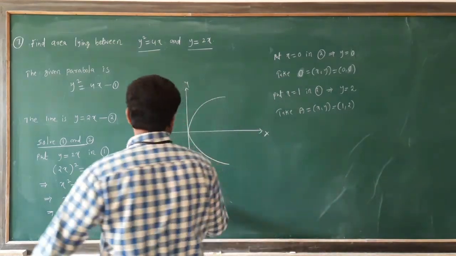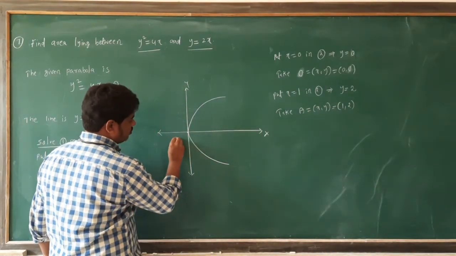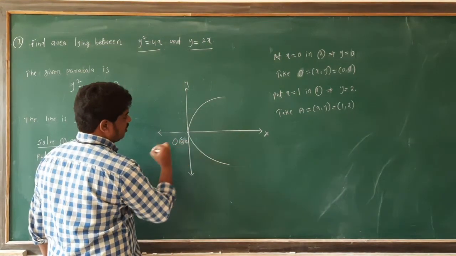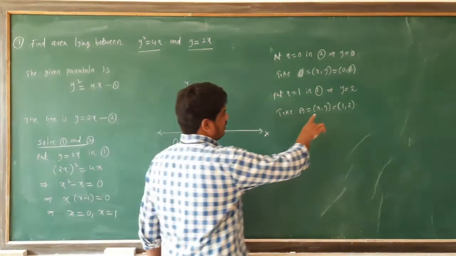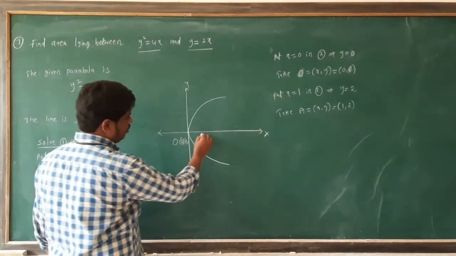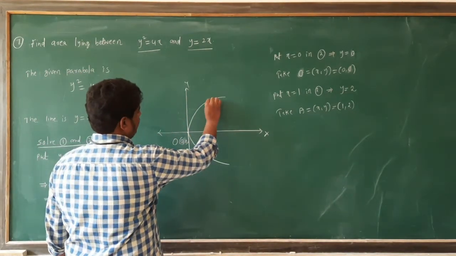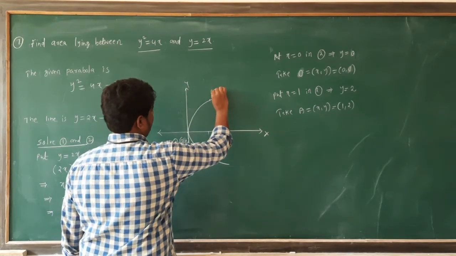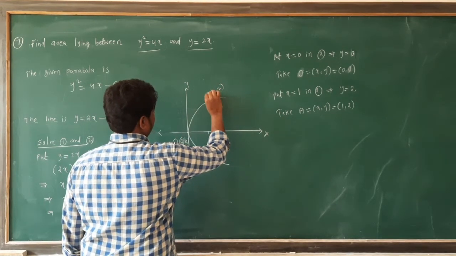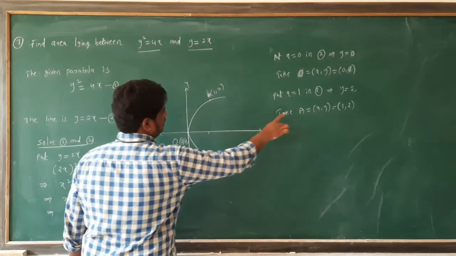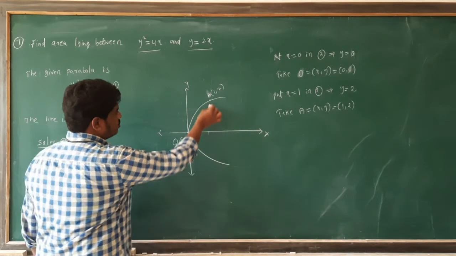So this is the origin with coordinates 0 comma 0, and the coordinates of A are 1 comma 2. Now join these.